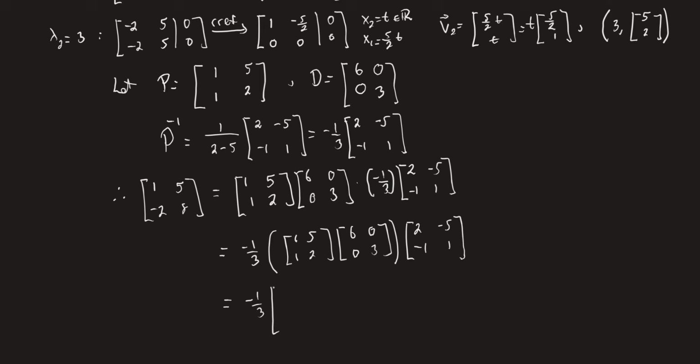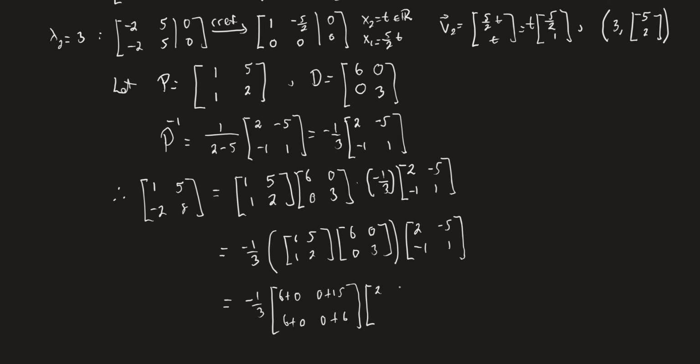So let's do the first matrix product that I have there in parentheses. I'll have 6 plus 0, and then 0 plus 15, and then again 6 plus 0, and then 0 plus 6. Remember, it's actually pretty easy to multiply entries by a diagonal matrix, because you have all those zeros.